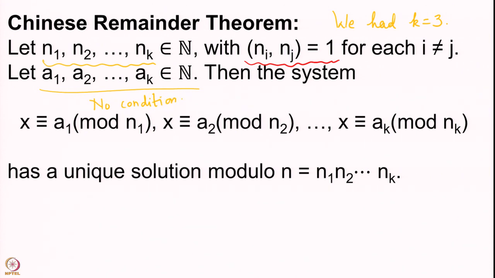Then this system, x congruent to a1 mod n1, x congruent to a2 mod n2, so on up to x congruent to ak mod nk, has a unique solution modulo the number n which is the product of all these ni. So, we will need to prove that there is a solution in the natural numbers and we will further prove that the solution is unique modulo this n.